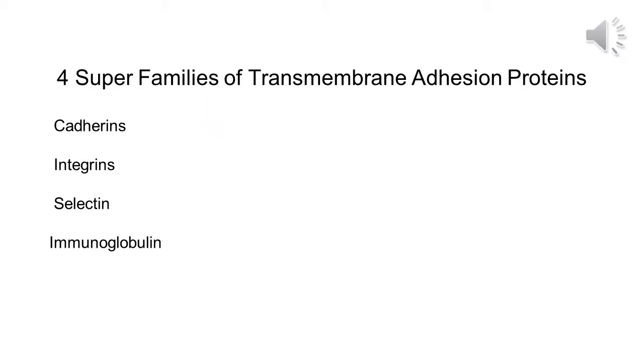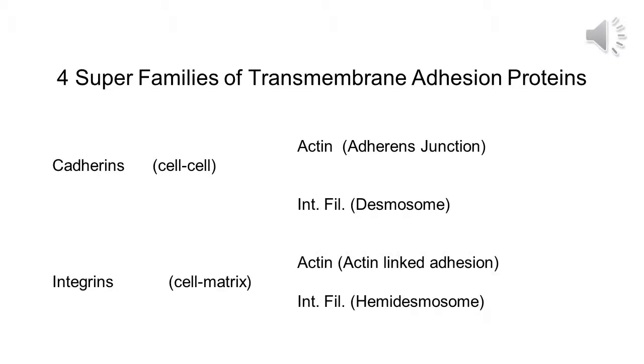There are four main types of transmembrane adhesion proteins: cadherins, integrins, selectin, and immunoglobulin. Cadherin chiefly mediates cell-to-cell adhesion, and integrin chiefly mediates cell-to-matrix adhesion. In this presentation, we'll be discussing mainly cadherins.